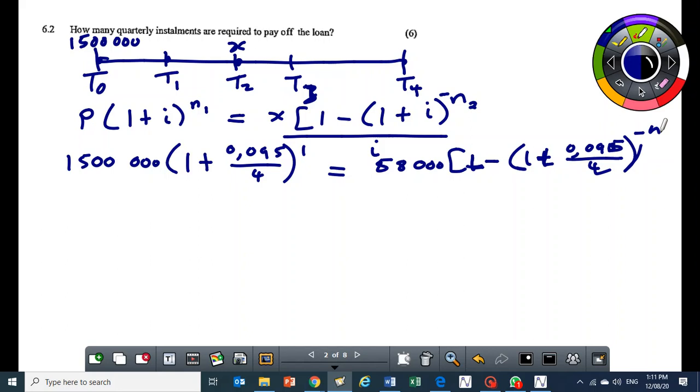Then we want to get that minus n, right? So the best way is to just simplify the left-hand side.